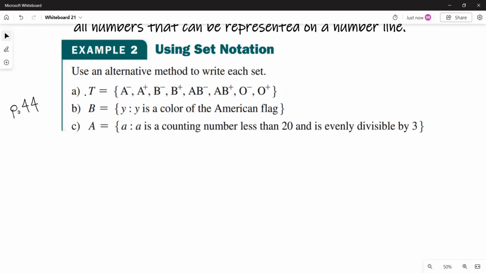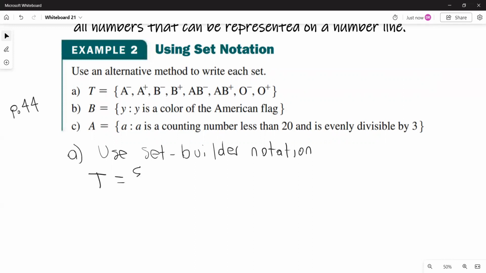Okay, so in A, we're going to use set builder notation. So set T is going to be the set of all x such that x is a block type.